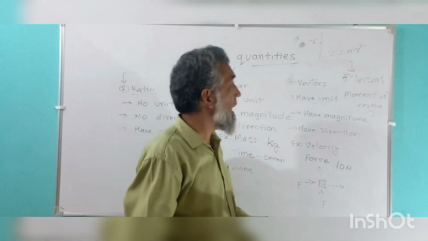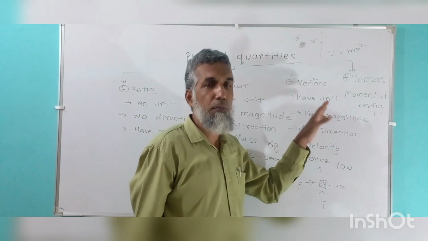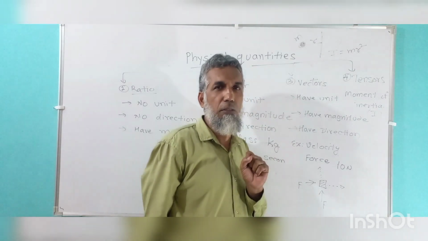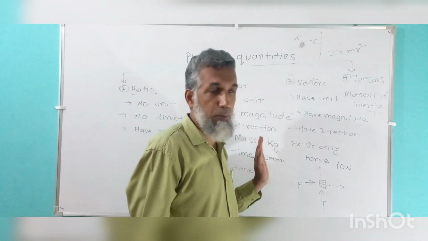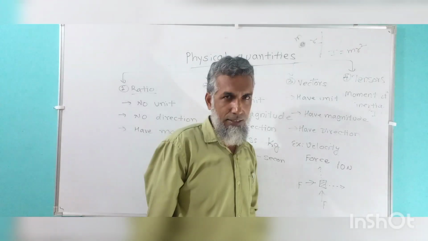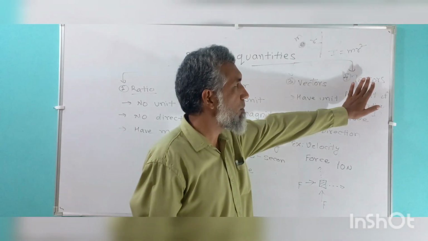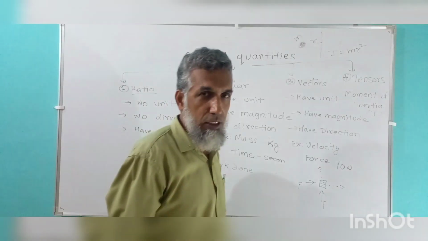This quantity has direction, unit, magnitude, everything, but still the concept of what the moment of inertia actually is will not be clear from this theory. That's why such quantities are known as tensors. No need to worry more about tensors, as they are not included in your syllabus.